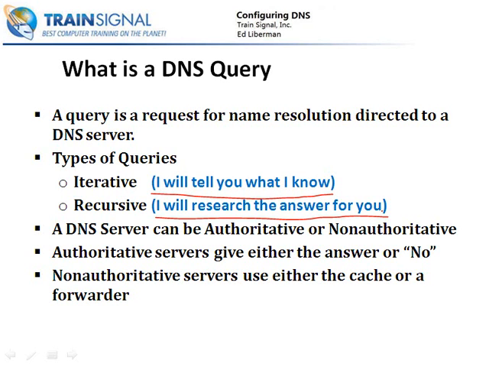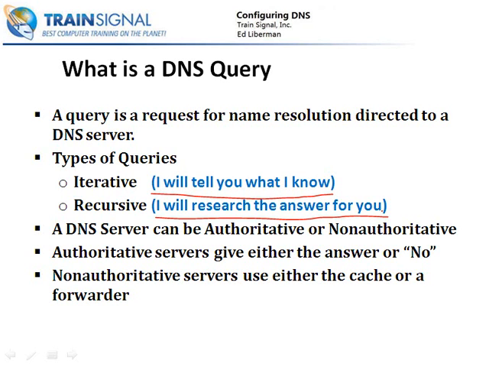But a DNS server can also be either authoritative or non-authoritative. An authoritative DNS server will either give the answer, here is the IP address for that client, or will give what's called an authoritative no, where the DNS server is saying, look, I am authoritative for this namespace. I know what's in this namespace, and I'm telling you there's no such host.